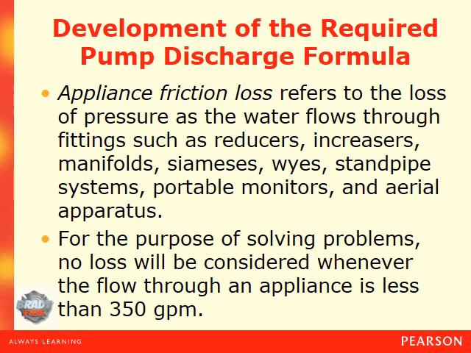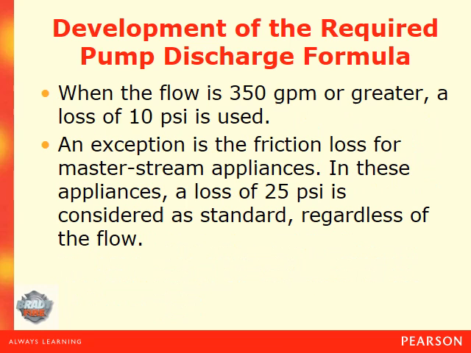So remember this rule when you're doing your math problems. When the flow is greater than 350 gallons per minute, a loss of 10 psi is used. So basically meaning you have to add 10 psi to your discharge pressure to get the correct answer.